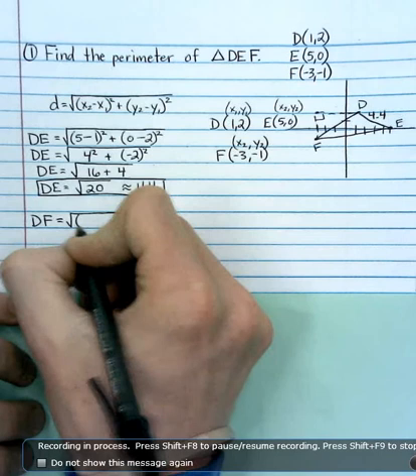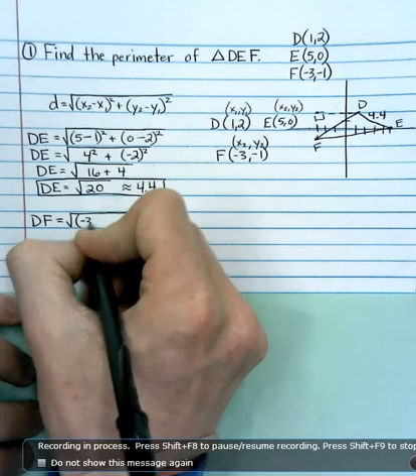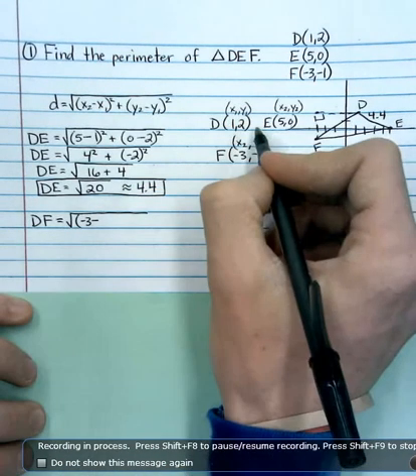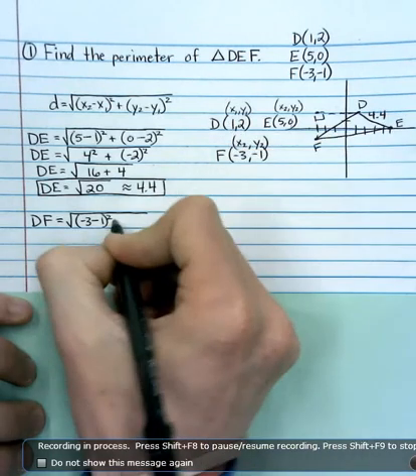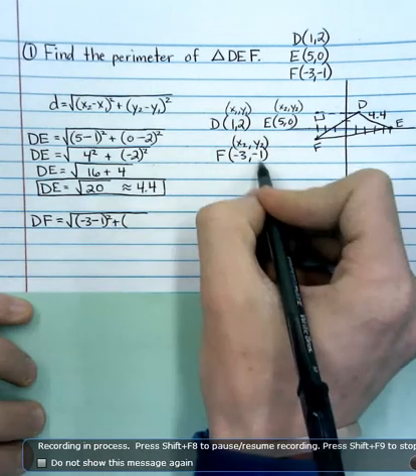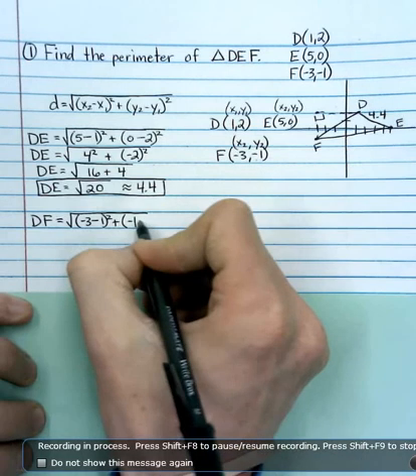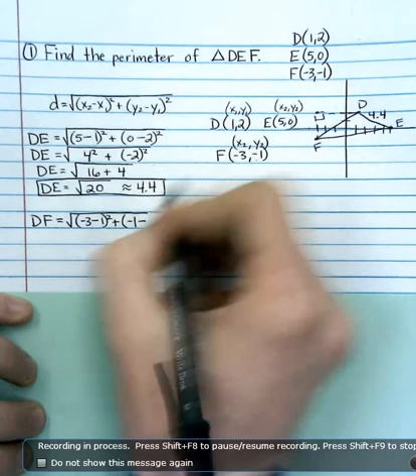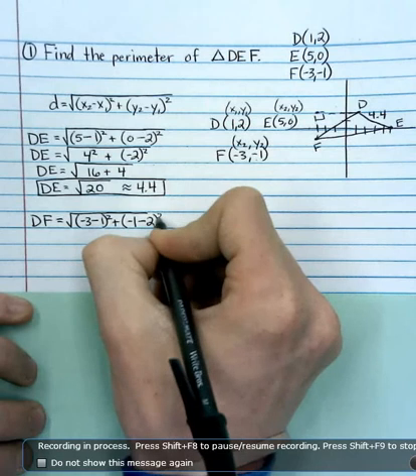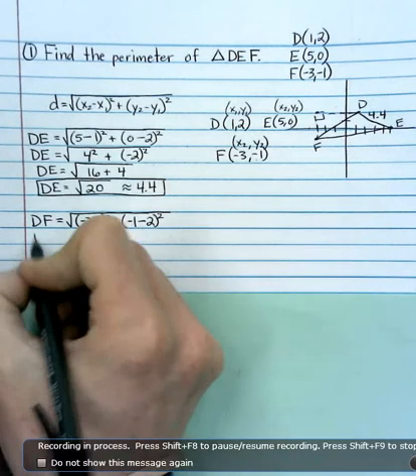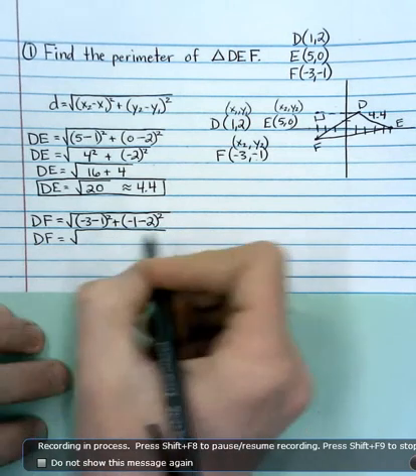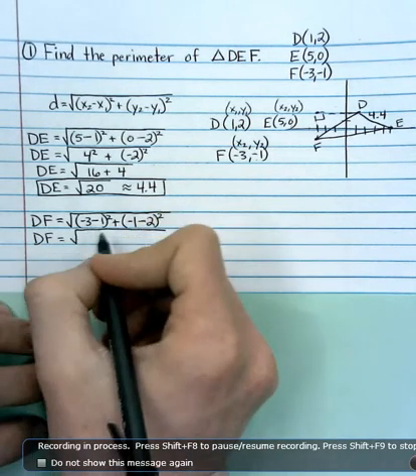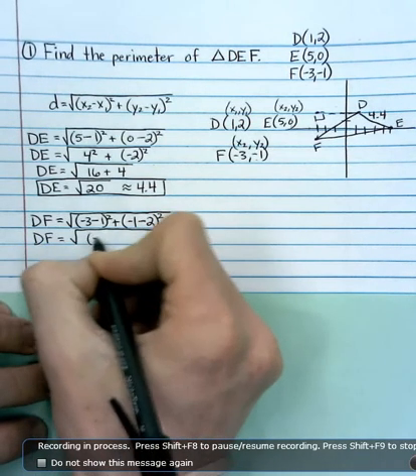x2 is negative 3 minus x1 is just 1. Square it. y2 is negative 1 minus y1, which is 2 squared. Now as we continue forward, pay close attention to your negatives. Negative 3 minus 1 is negative 4, and it's still squared.